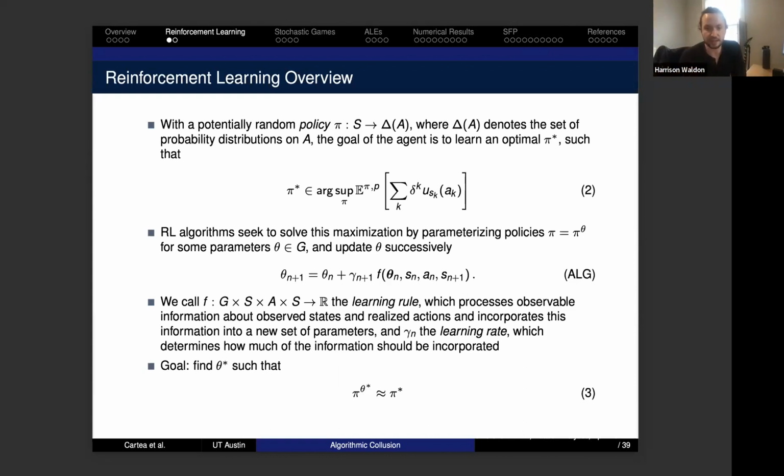The learning rate, this gamma n, is either exogenous or possibly endogenous in the case of adaptive regimes, and determines how much of the information should be incorporated. So the goal is then to find a set of parameters such that the parameterized policy approximates the optimal policy.